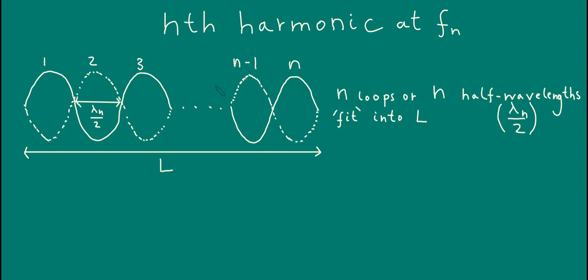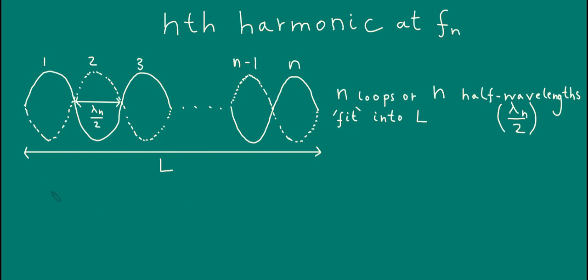And that means n loops or n half wavelengths should fit into the distance L from the left end to the right end. So I'm saying a half wavelength here is lambda n, so lambda subscript n divided by 2. And n of these half wavelengths have got to fit into this distance L.